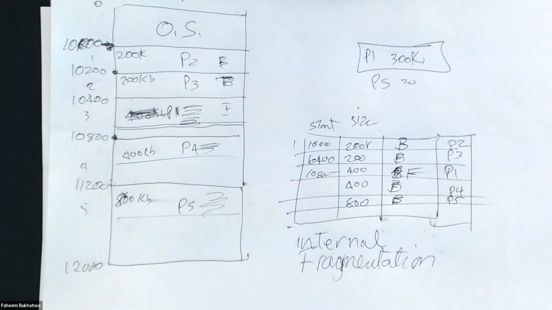Okay, so internal fragmentation, how does it happen? Somebody gave us a beautiful definition. If we allocate a program more memory than it needs, then all that extra memory allocated to it is considered internal fragmentation.